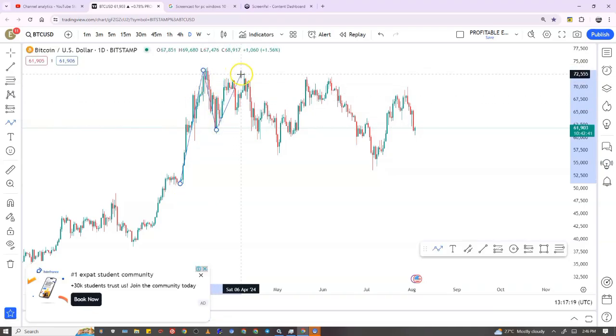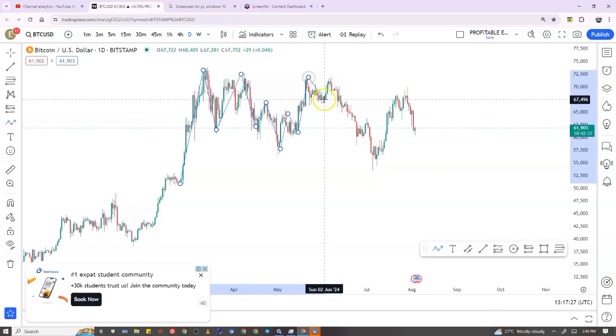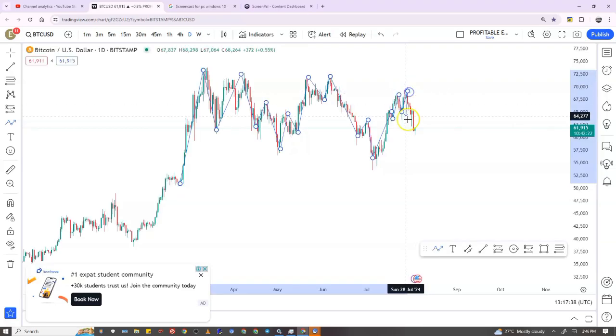You can see it comes down, goes up, comes down, goes up, again and again. Now we are in a downtrend.